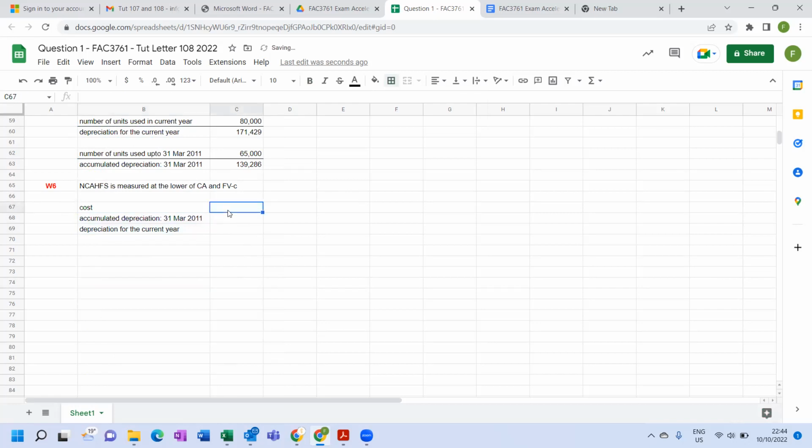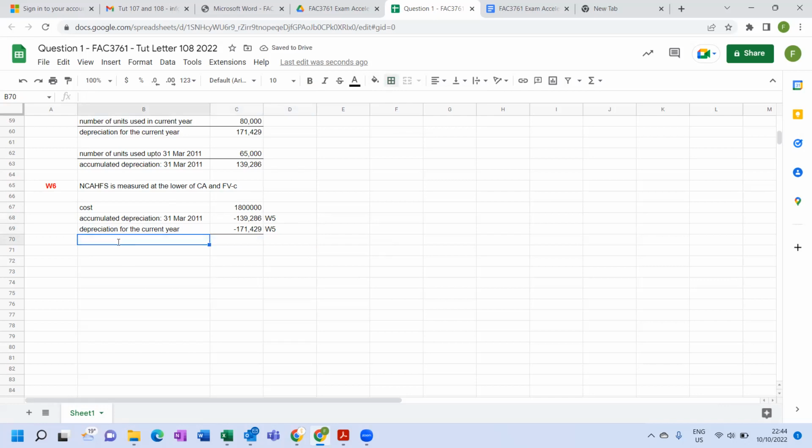Okay, so costs, we know it is 1.8, 1, 2, 3. Depreciation, accumulated depreciation, and then, okay, so this year is working 5. Okay, so carrying amount at the date when non-current asset held for sale criteria are met.